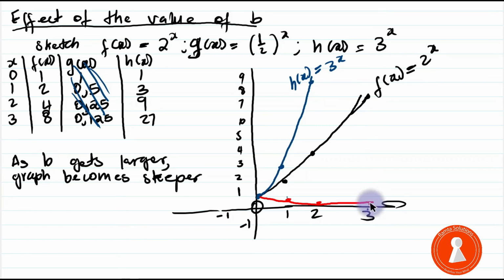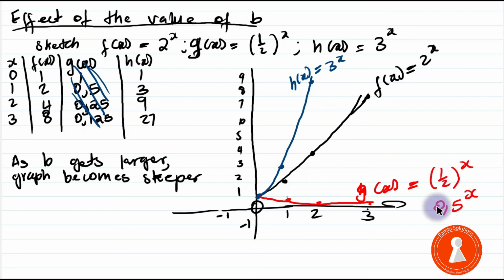Can you see from here? Check, this one was g of x equals half to the x. Can you guys see that? I know I'm tempted to say 0.5, so it is 0.5. Okay, so look at it.